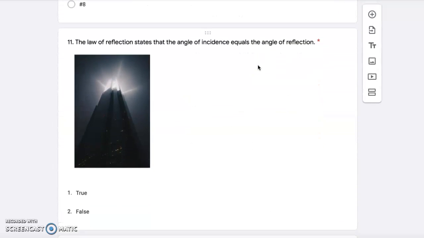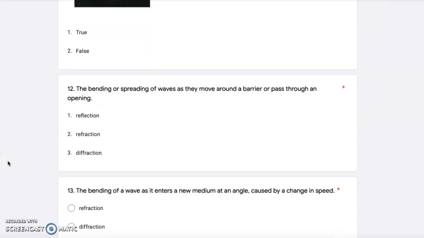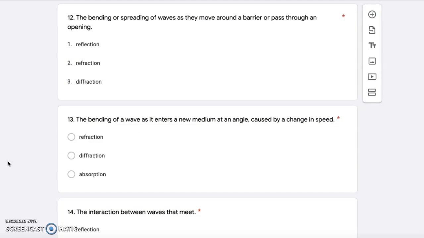Number 11. The law of reflection states that the angle of incidence equals the angle of reflection. True or false? Number 12. The bending or spreading of waves as they move around a barrier or pass through an opening.